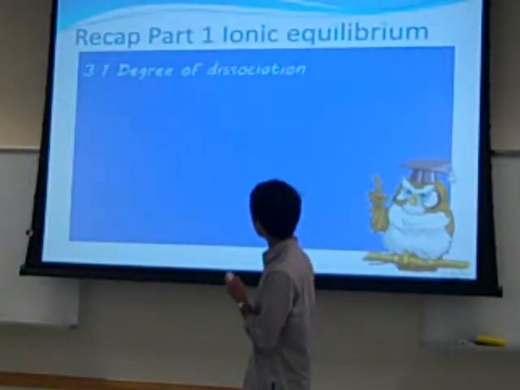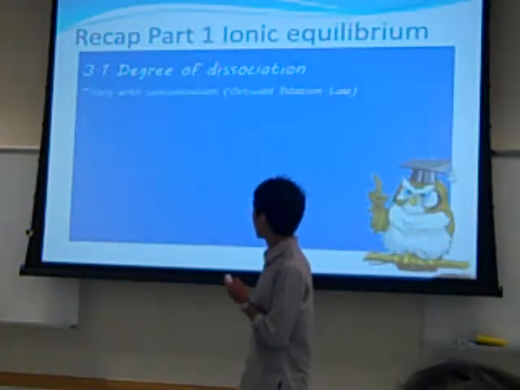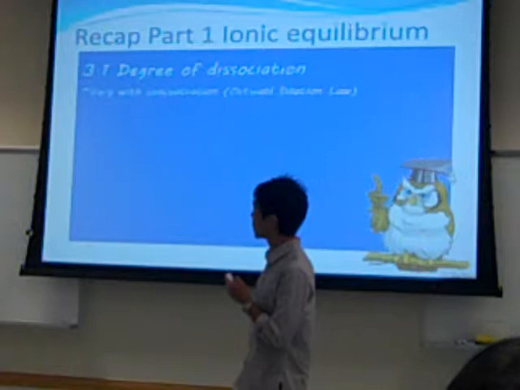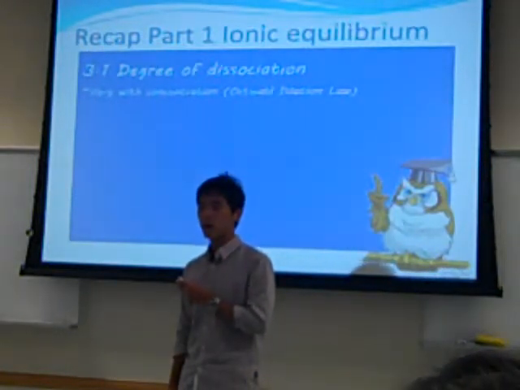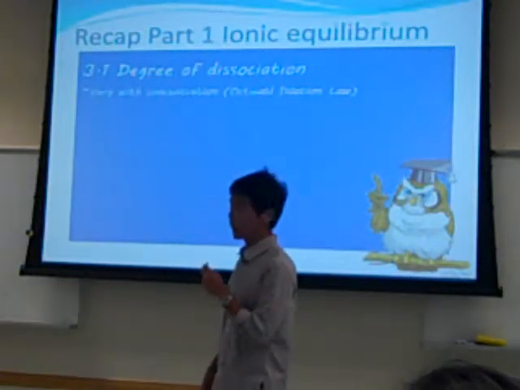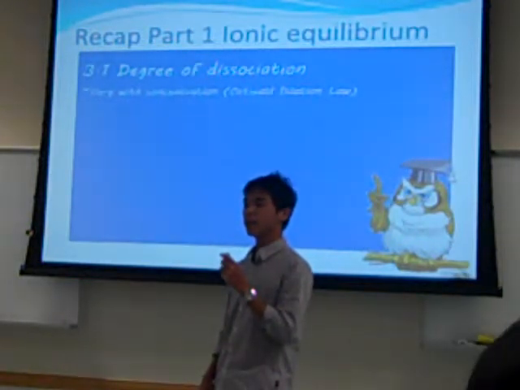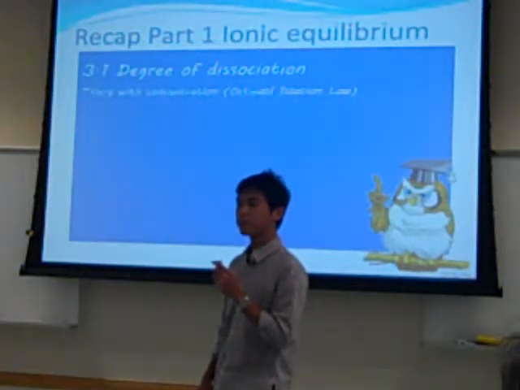For these 3 indicators, one of them is the degree of dissociation. I mentioned that it is not a very reliable indicator because it varies with concentration. Do you still remember the relationship between the degree of dissociation and concentration for a weak acid? Inversely related.